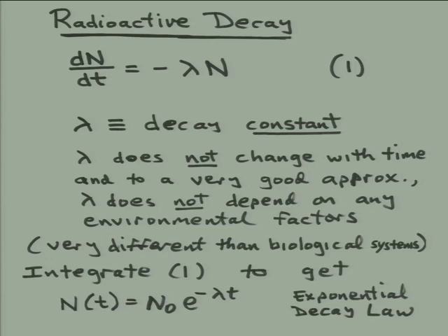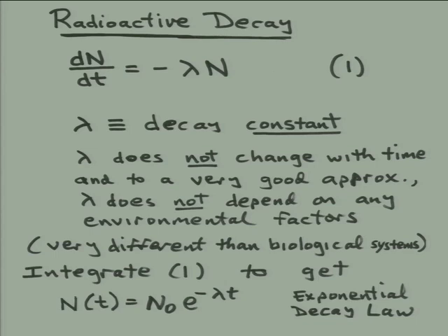So if I have a system N of these radioactive particles, and they're all the same type, and I bring them up to a counter and measure them, what I'll find is there's a number N initially present, then the rate at which they're decaying, that is the change of N with respect to time, dN/dt, is given by that very simple expression.